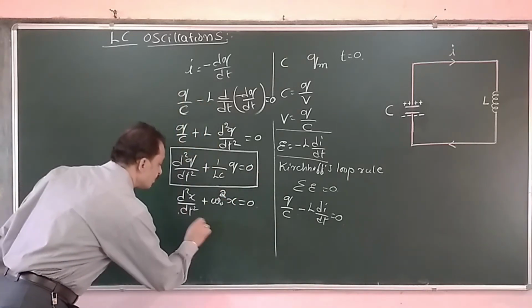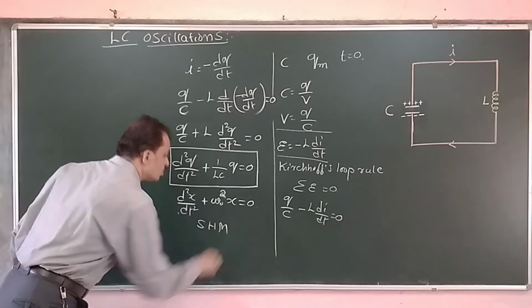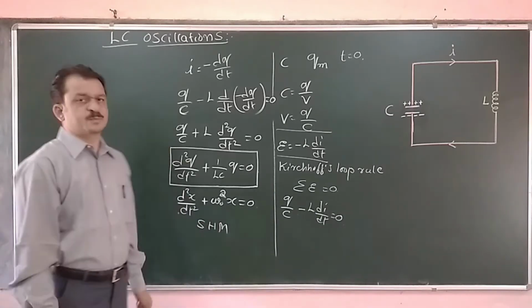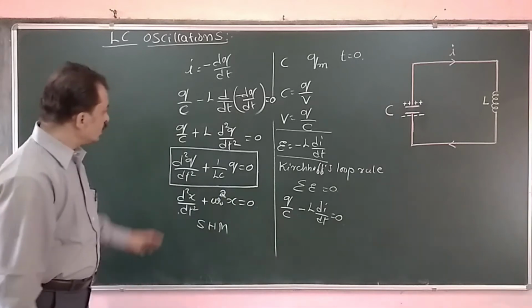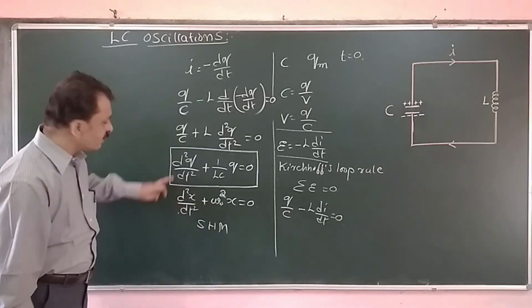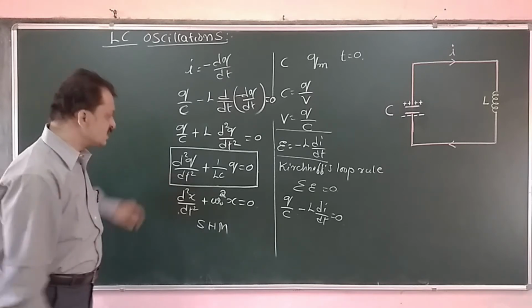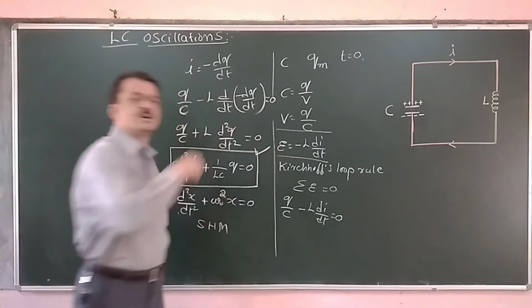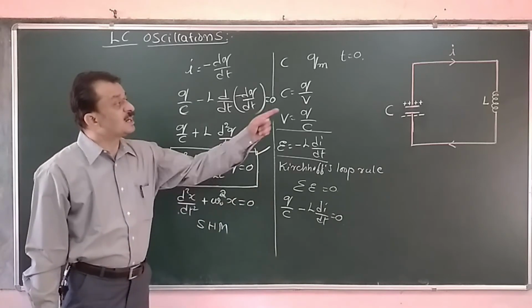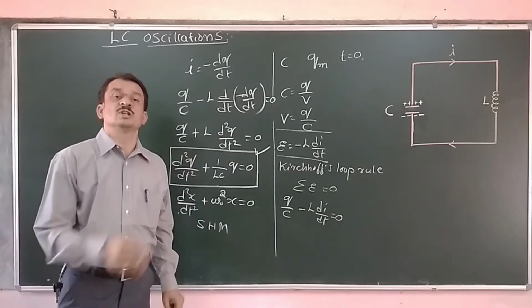This equation represents the simple harmonic motion that we studied in first PUC classes. So these two equations exactly resemble each other, and hence this equation represents electrical oscillation of both the charge and the current.